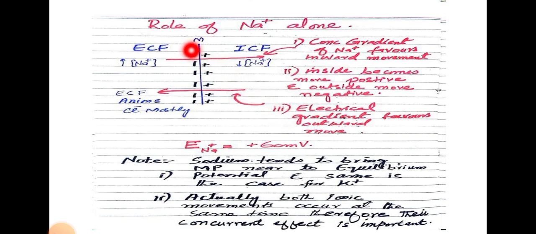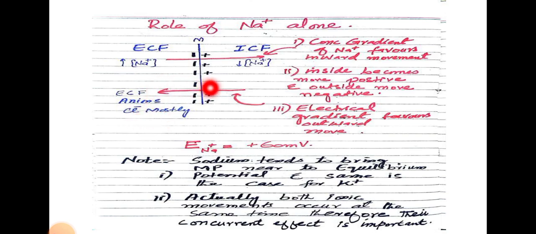Similarly, now we will discuss the role of sodium alone. We know sodium is in far greater concentration outside the cell as compared to inside. So the concentration gradient favors the net inward movement of sodium. When sodium moves to the inside, positive charge gets accumulated inside these cells. In extracellular fluid, the most common anions are chloride ions.